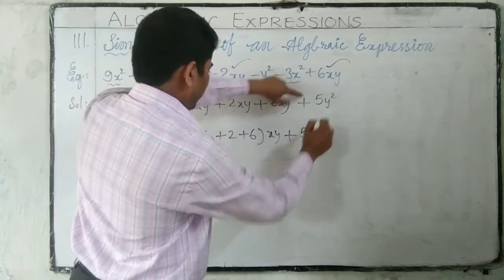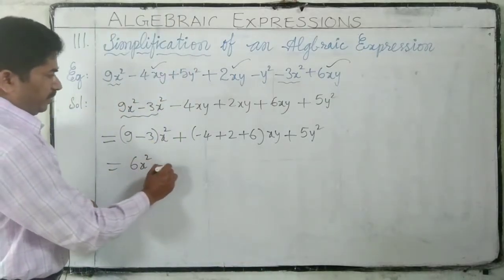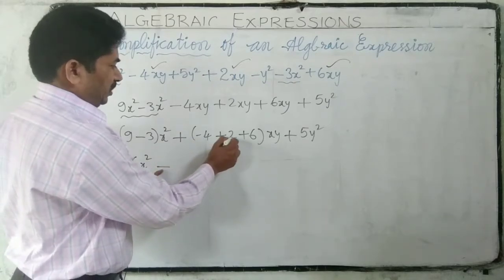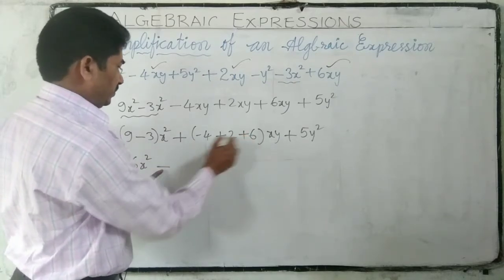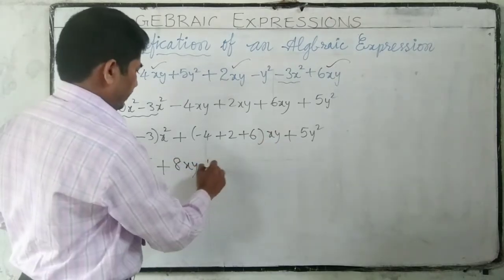Plus 5y square as it is. 9 minus 3 is 6x square. Minus 4 plus 2 is minus 2, plus 6 is 4... giving 8xy plus 5y square.